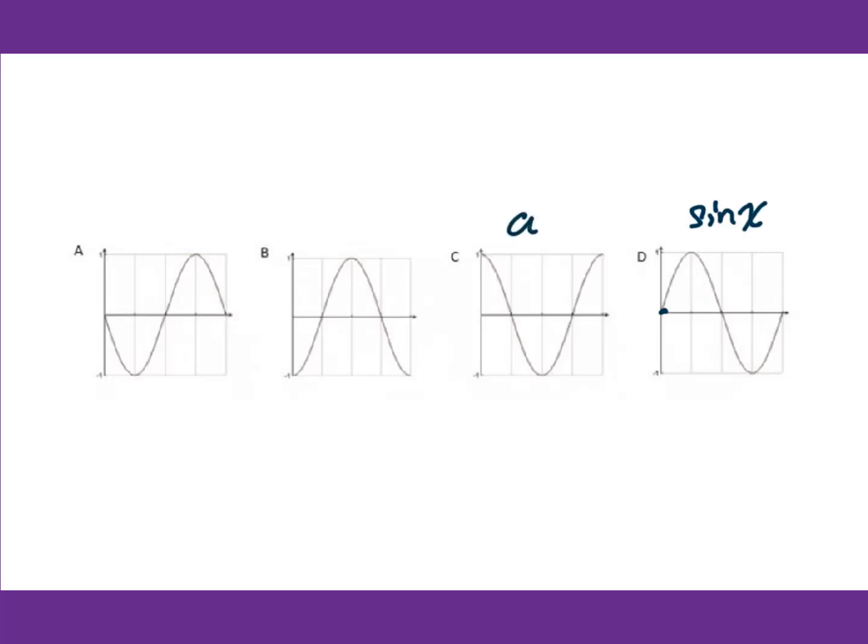This pattern is a cosine x. You get that from the maximum. This you get from the midpoint. This will be negative sin x. And here is a negative cosine x.